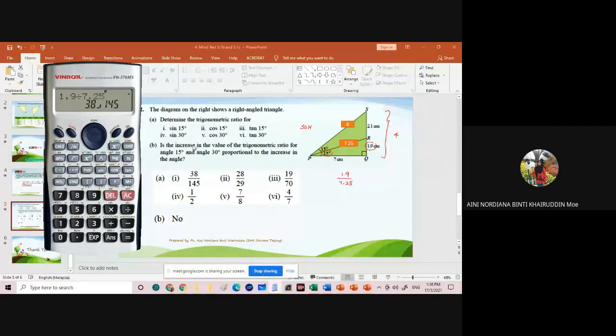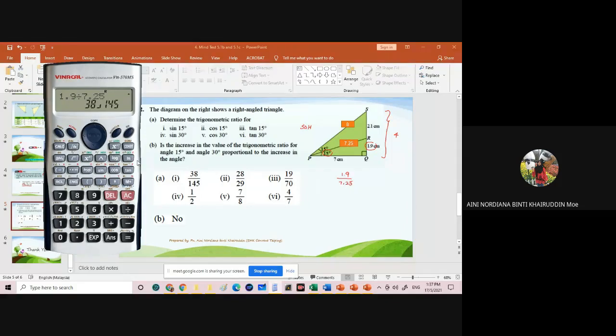Okay, this is to get sin 15. Sin is soft, opposite over hypotenuse. Opposite is 1.9 over hypotenuse 7.25. But the answer at the back is like this. It means it doesn't want your answer in decimal places.